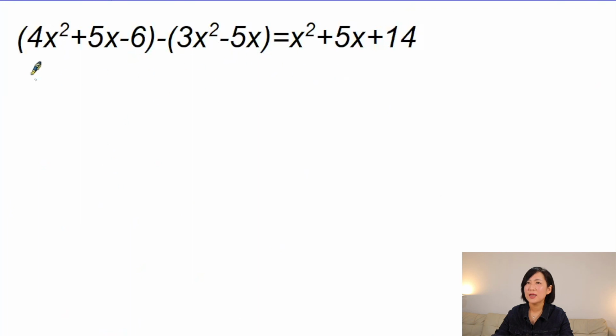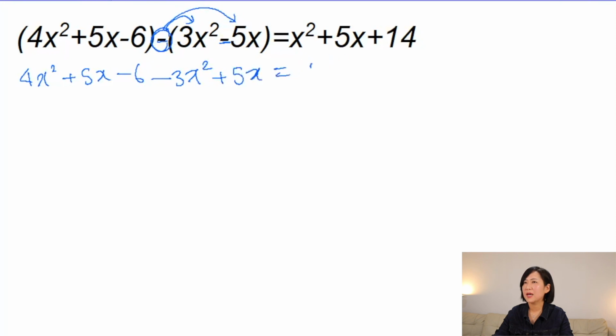So now let's remove our bracket. Now what we need to do is distribute our negative, right? So negative 3x squared, and then negative gives you plus, positive 5x. Then the other side of the equation, you just copy down. Then we need to collect like terms.